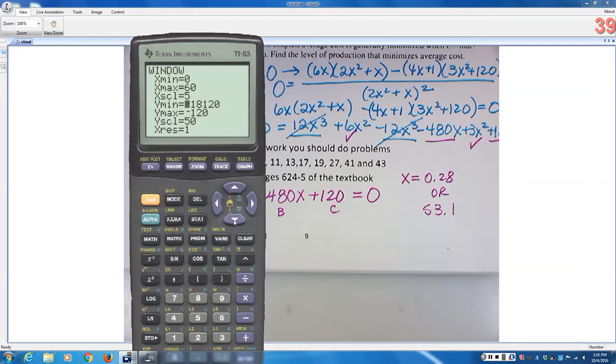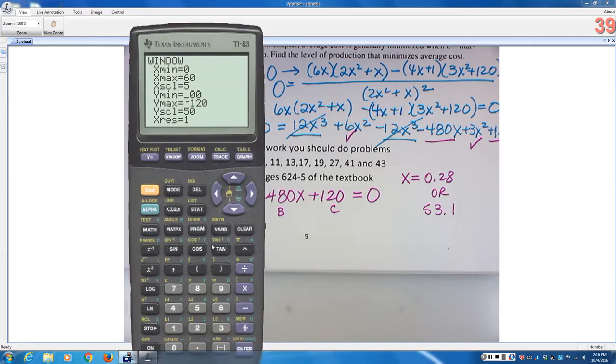We need y to be positive at least a little bit. Oh, I did that backwards. No, apparently the graph is never positive.